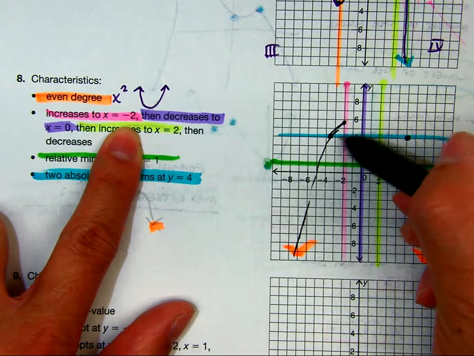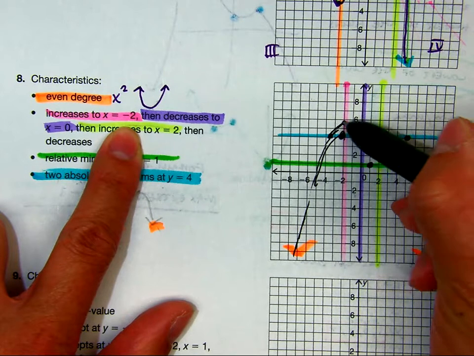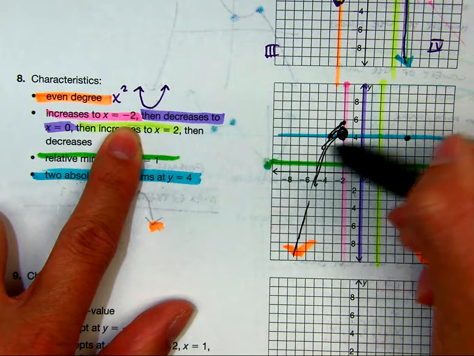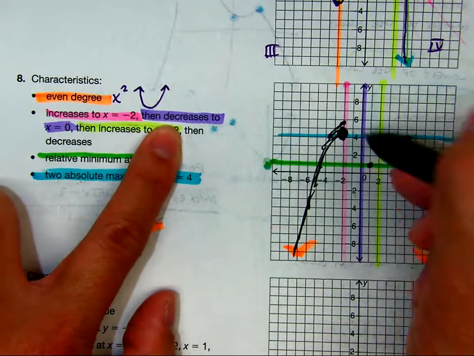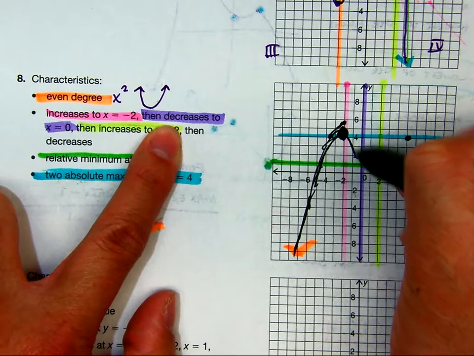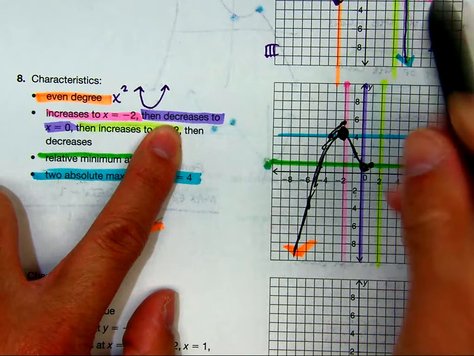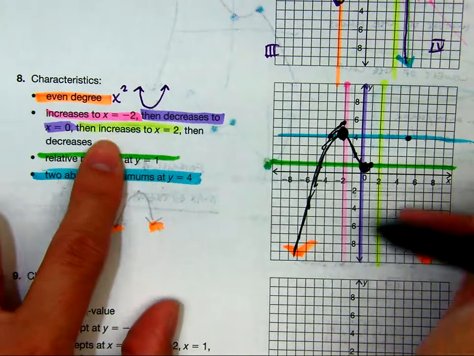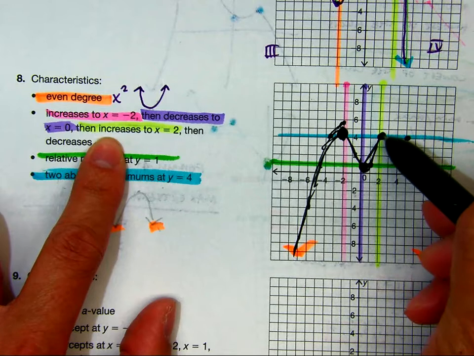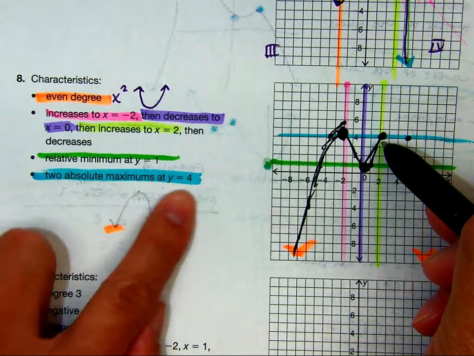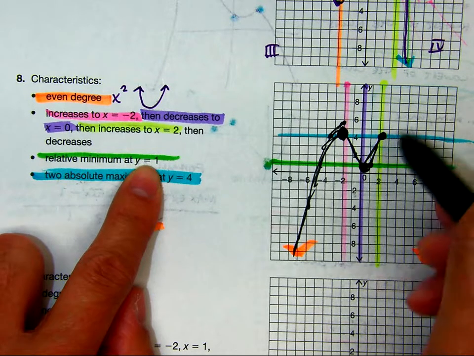Right there, that makes sense. If you mess up like I did, just draw a really big dot right there. And then it's going to go down to this purple line. That's where my minimum is. And then it goes back up to this point, so that's where my absolute maximum y equals 4 is. And then there's my minimum on the green line.